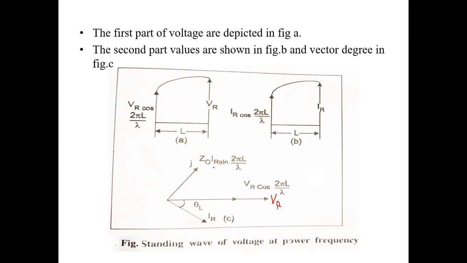This reactive drop will be perpendicular to this voltage vector. It is not exactly perpendicular, but it will lead the voltage vector by some angle. So this is this IR vector.